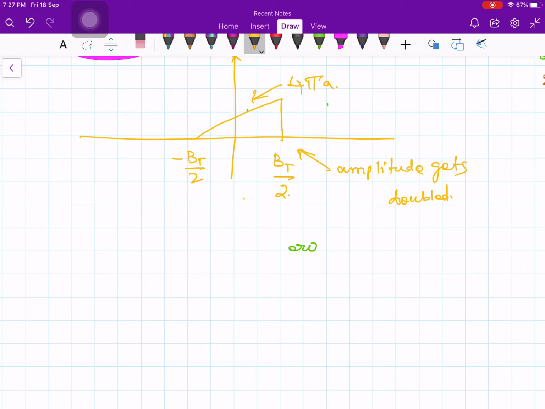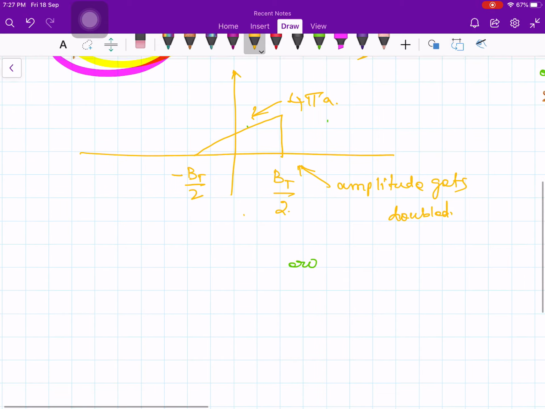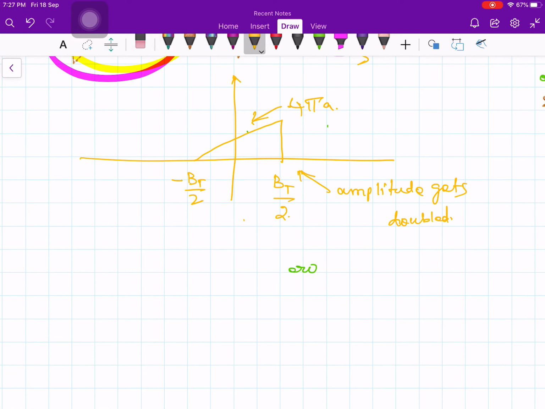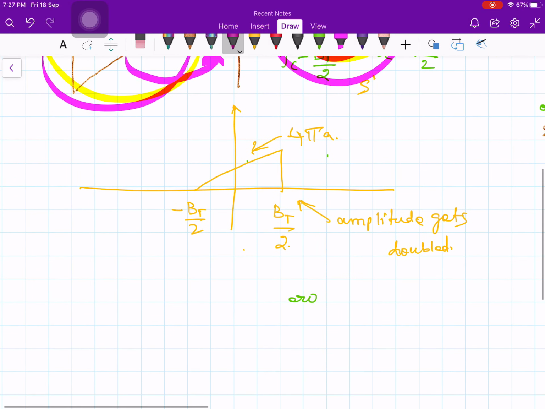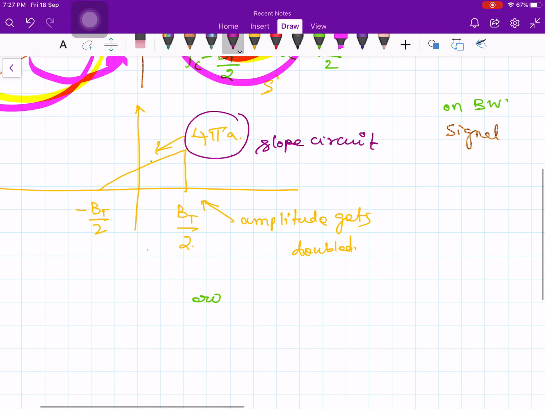Now what I want to mathematically represent in this picture is the complex envelope representation in the frequency domain, let me denote it by H1 tilde of f, and that one is 4 pi a. This is called a slope circuit, and we no longer call it a bandpass filter, because a bandpass filter has the complete characteristics like this.